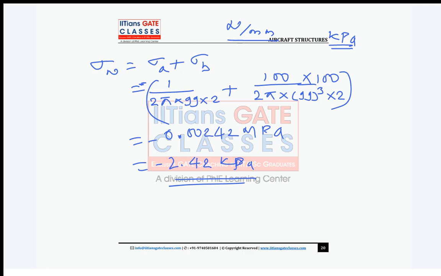Now, guys, further, if your axial load was outward, and your bending moment was like this, where will it be maximum, guys, in this case?